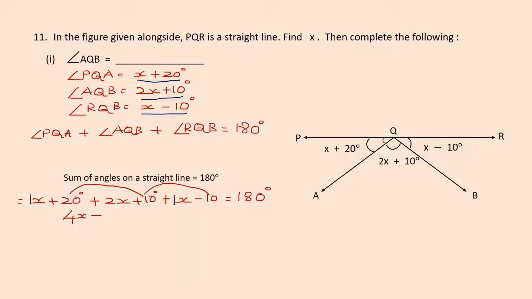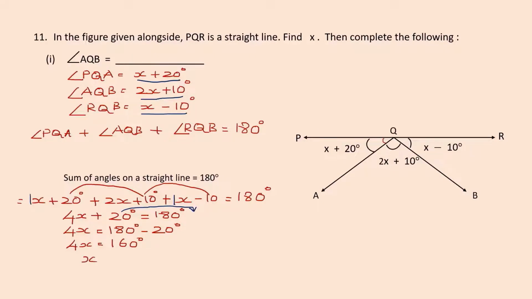So that's plus 20 degrees equals 180 degrees. 4x, I'm going to leave it here. 180, I'm going to leave it here. Now I'm going to move plus 20 to the other side. It becomes minus 20. So 4x equals 160 degrees.